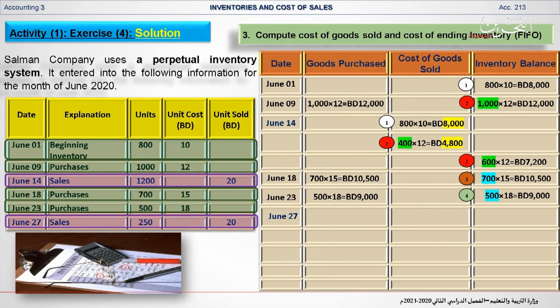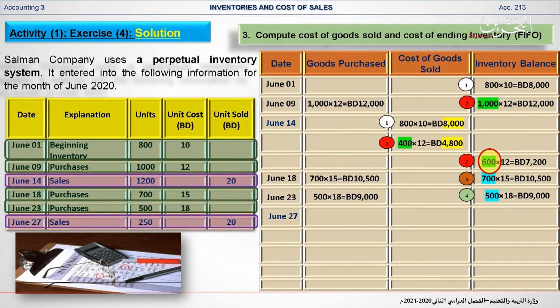On 27th of June, the company sold 250 units. So here we have to calculate the cost of goods sold using FIFO method, which is first in, first out method. So the company will sell the old inventory first.